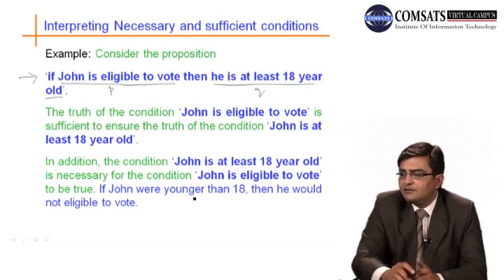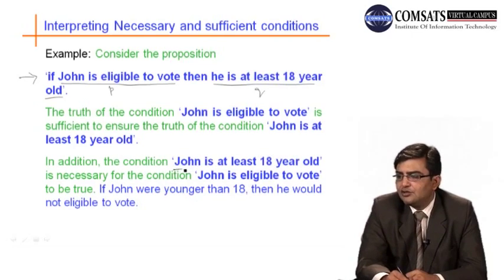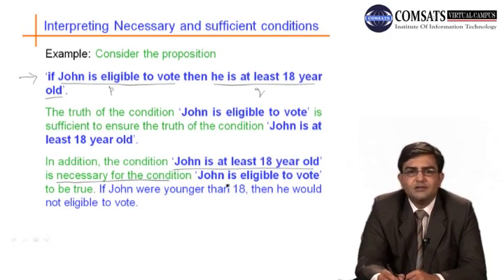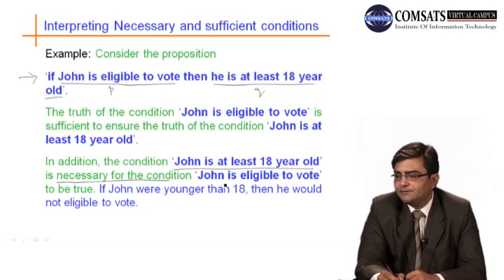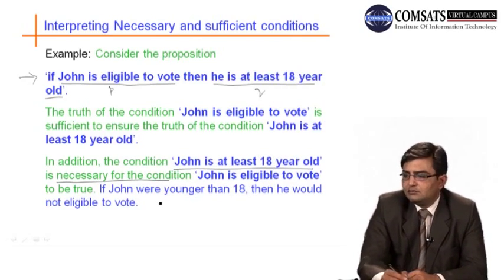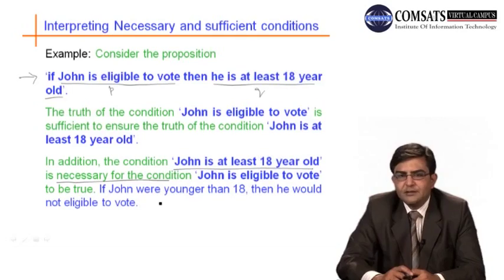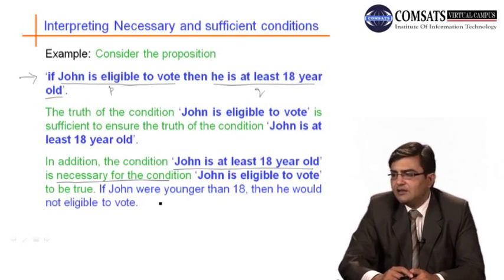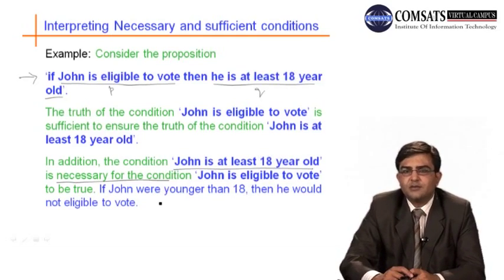In addition, the condition John is at least 18 years old is the necessary condition for John to be eligible to vote. So this is how we interpret the necessary and sufficient condition in these conditional propositions.